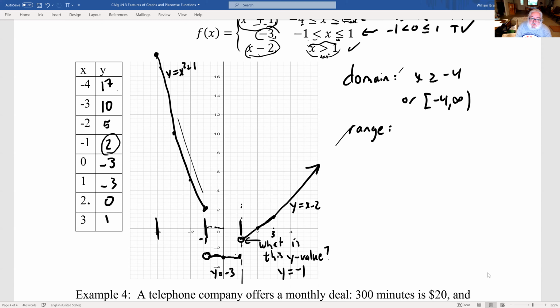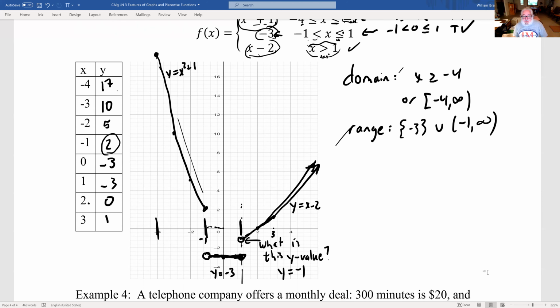We have to plug x equals 1 into that formula. So we have an open circle there where y is -1. So the range could be -3, because that's this part, or it could be any number bigger than -1, because that part goes off to infinity.